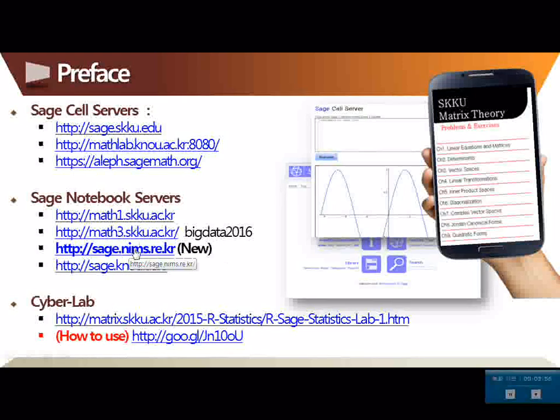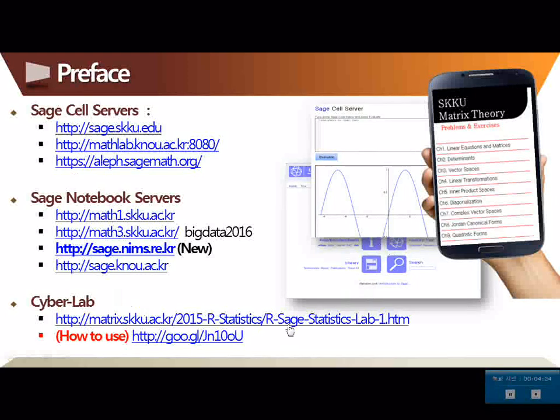Recently, the National Institute of Mathematical Sciences in Korea built a parallel computing server on Sage Math with 13 machines together. So this will be a very useful tool for your large-size computation later.